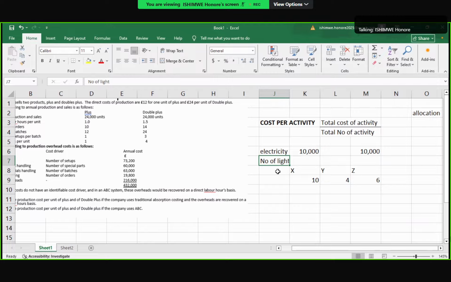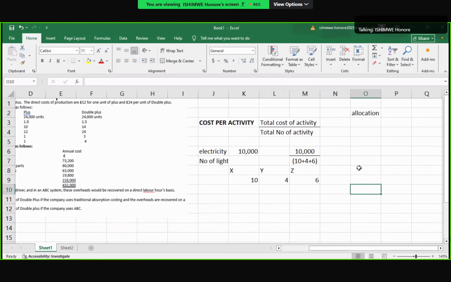So we divide by the total number of activities, depending on the basis of apportionment: 10 rights in department X, plus 4 rights in department Y, plus 6 rights in department Z. I hope you can see this.